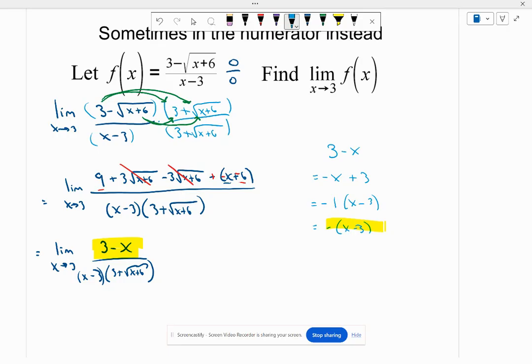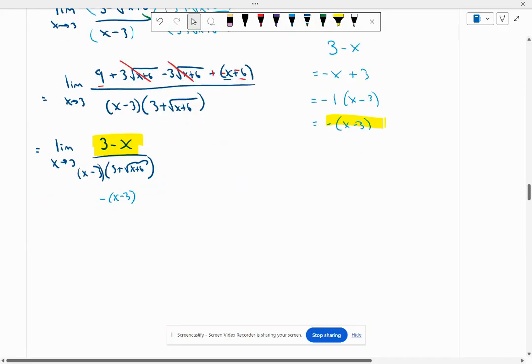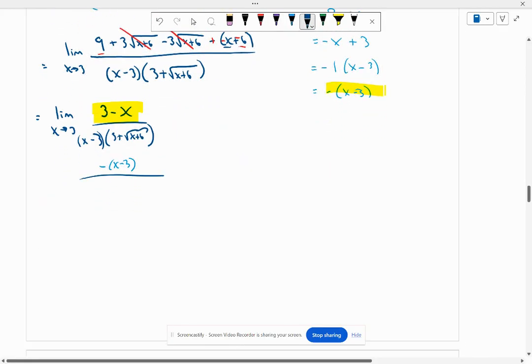So now I'm going to do some substitution here. This numerator becomes negative (x minus 3). And the denominator is still x minus 3, and then 3 plus the square root of x plus 6. And we're taking the limit as x approaches 3. This x minus 3 and that x minus 3 are going to divide out. So now we're left with negative 1 over 3 plus the square root of x plus 6.